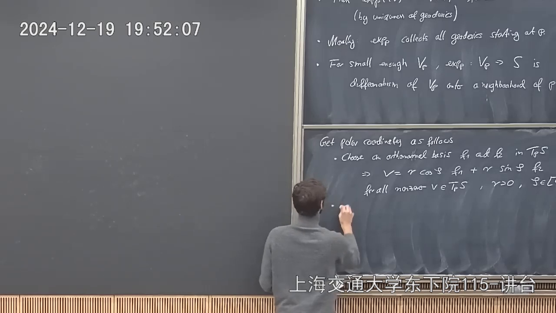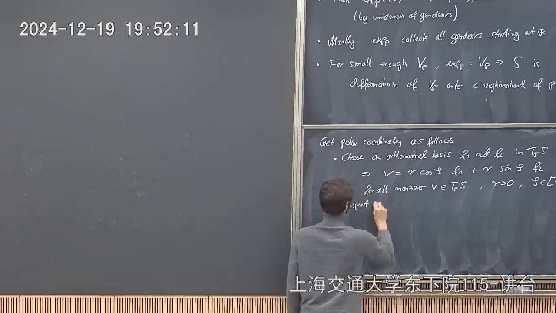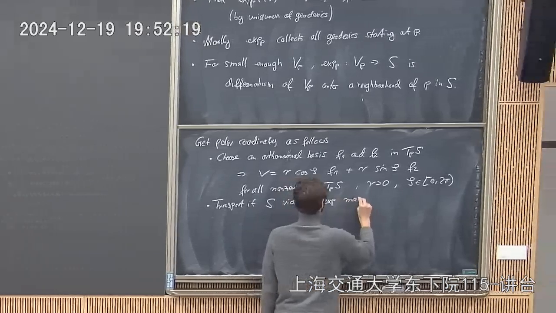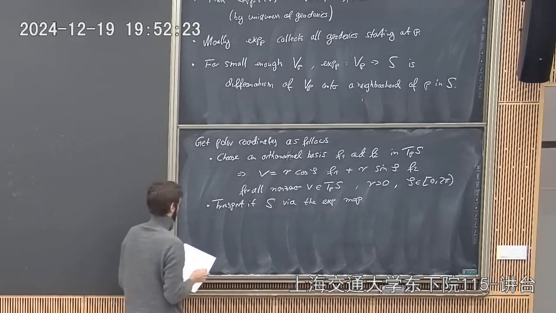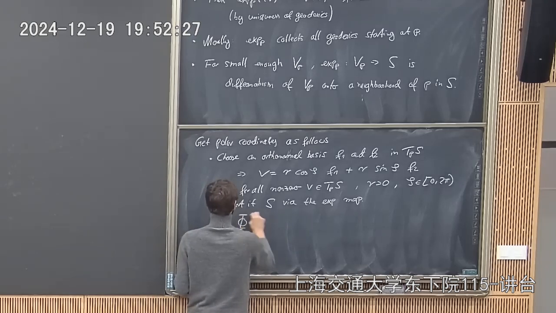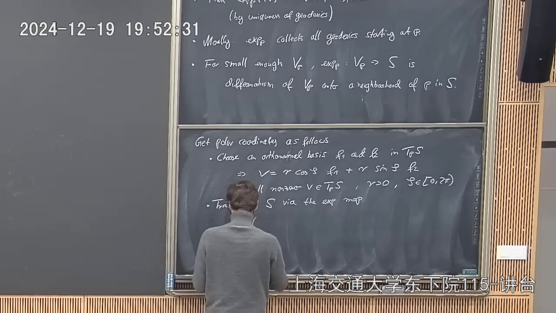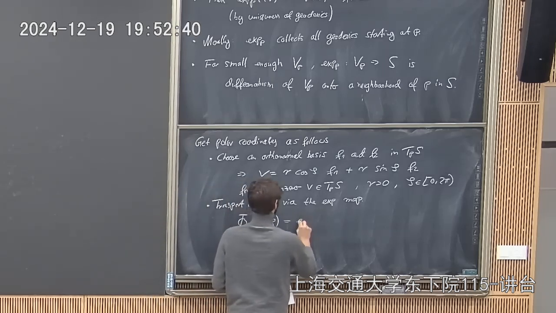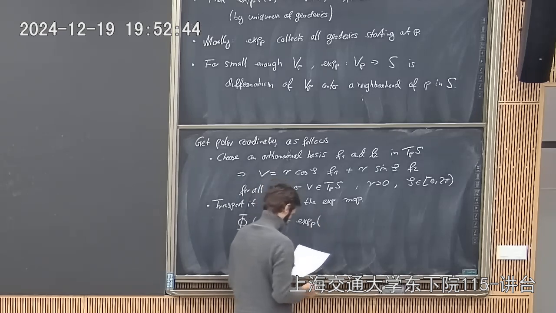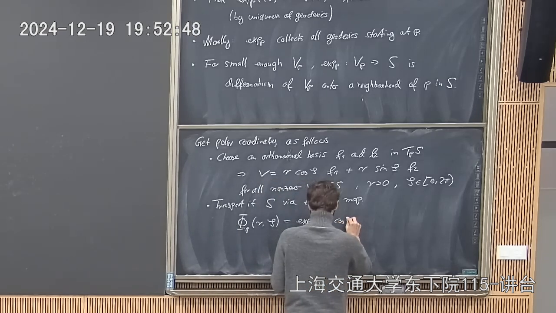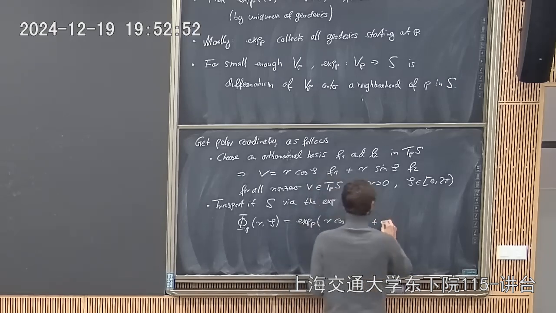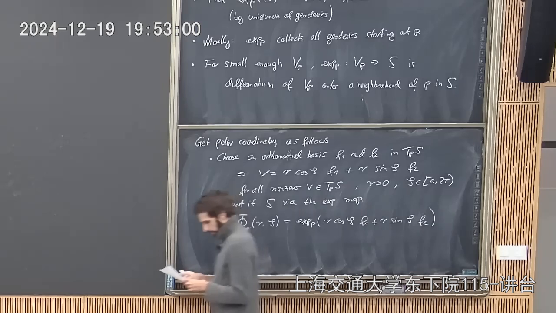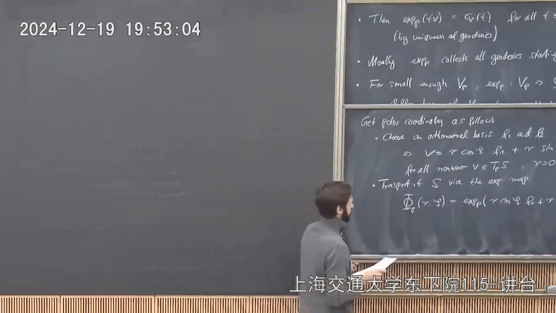With the usual problems that at r equals 0, that parameterization is not well defined anymore. And then we can transport that to S via the exponential map. That means that we get phi at a point P, of r and phi, is defined as we take the exponential of P of r cosine phi F1 plus r sine phi F2, which is well defined if r is small enough.